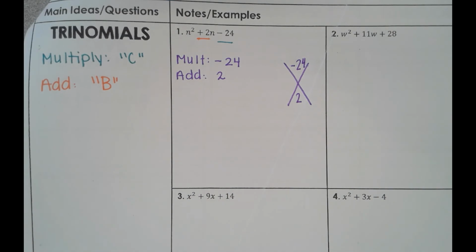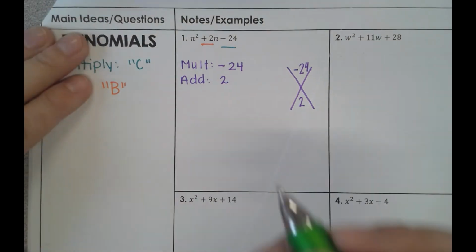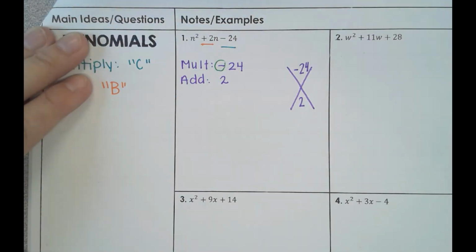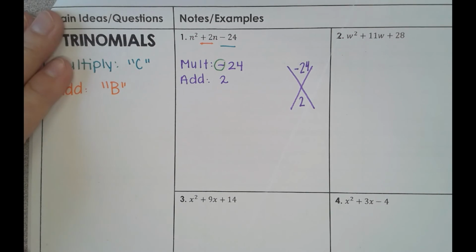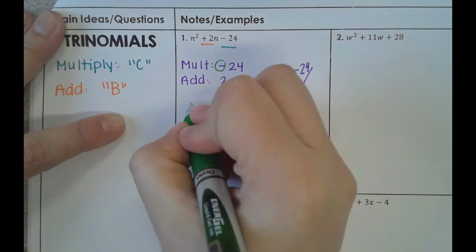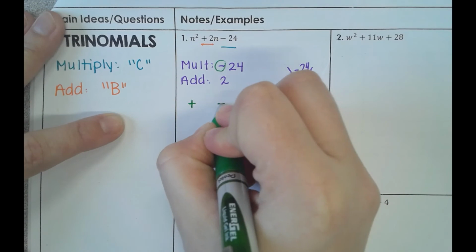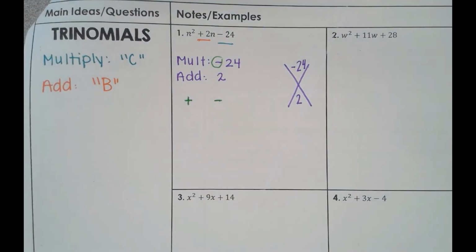So couple things to think about. Number one, we're multiplying to be a negative number. So when you multiply to be a negative, that means you have one positive and one negative number. And then what you can do is just think about 24. What are the ways that you multiply to be 24?